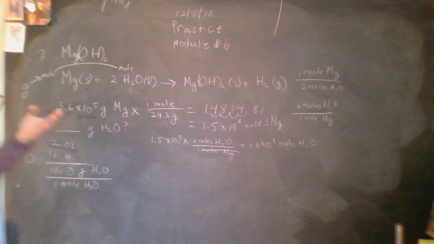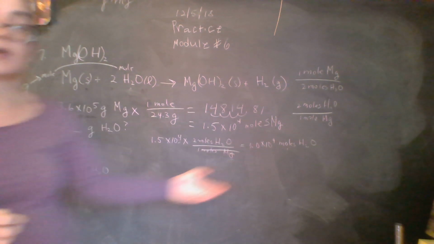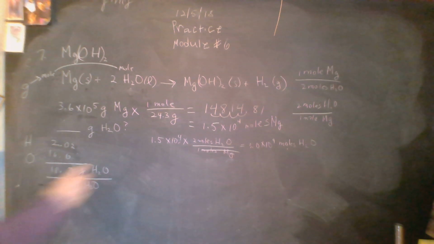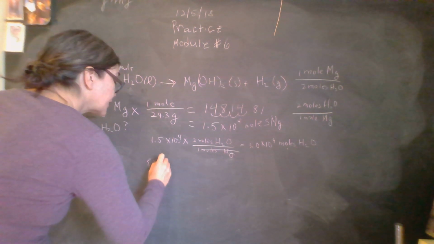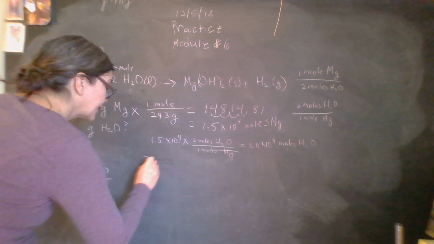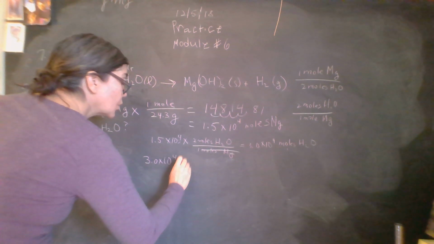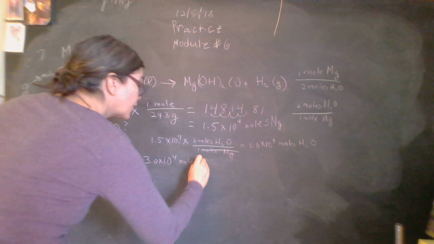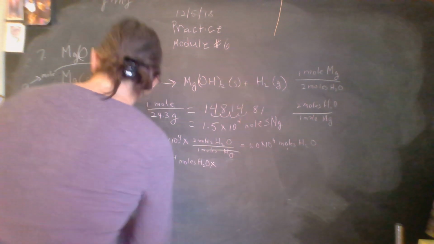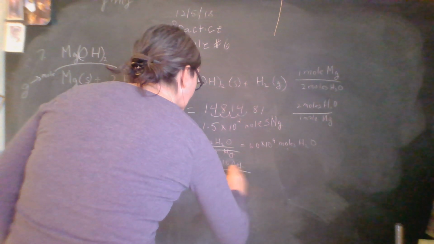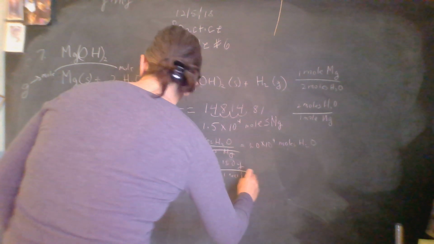Okay, so I know how many moles of water I have. Now I want to figure out how many grams I have, and this is the conversion unit I'm going to use. So 3.0 times 10 to the 4th moles of water times 18.0 grams per 1 mole.